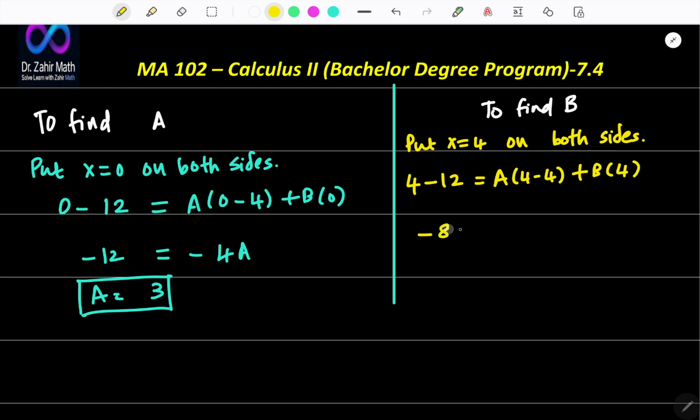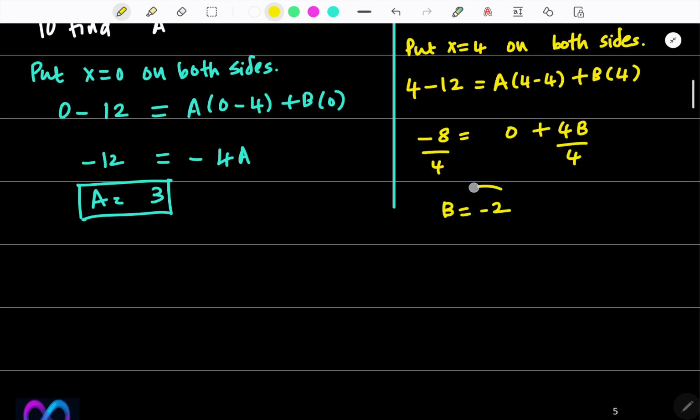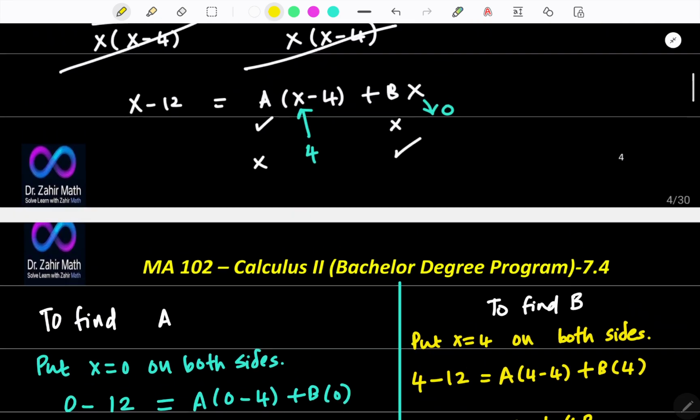So 4 minus 12 is minus 8 equals 0 plus 4b. If I divide by 4, b is equal to negative 2. Okay, so I got a, I got b.